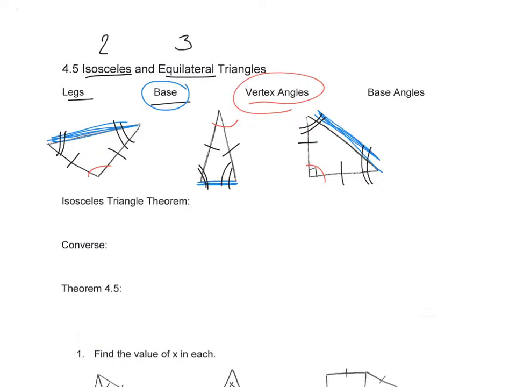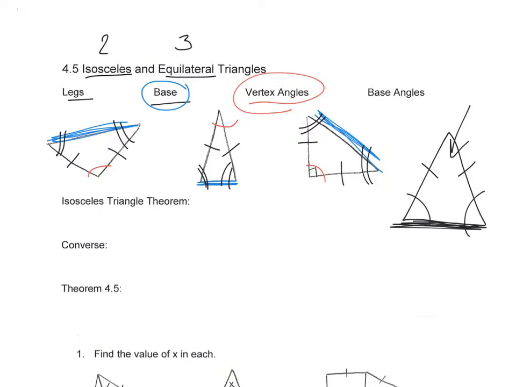So in an isosceles triangle, I'll draw another isosceles triangle. You have the legs, which are congruent. The base is right here. The vertex angle is right here. And the base angles are congruent.